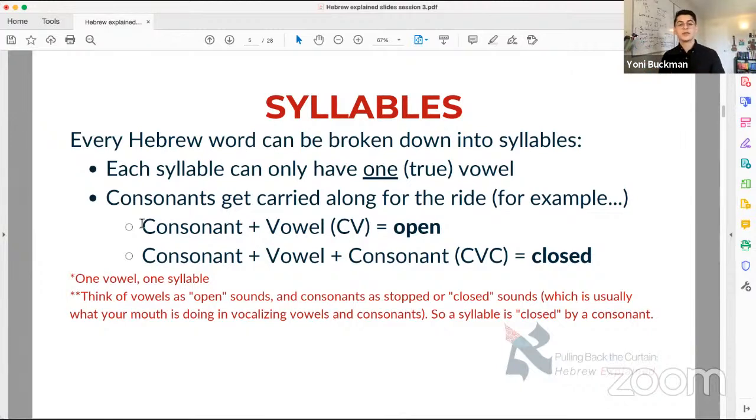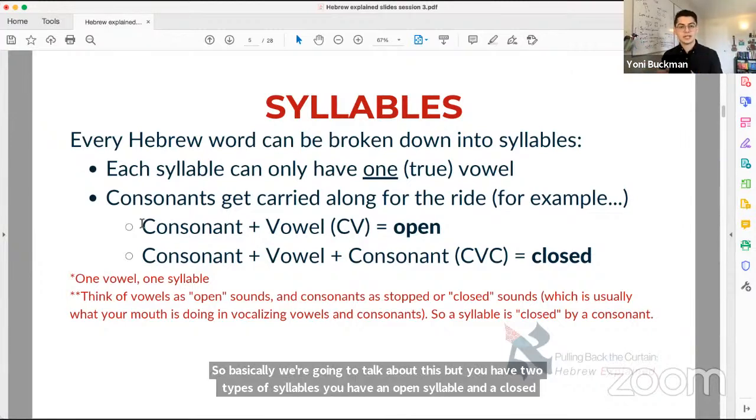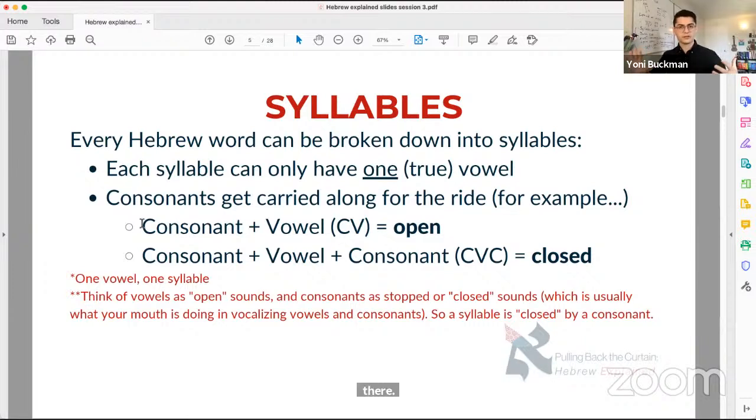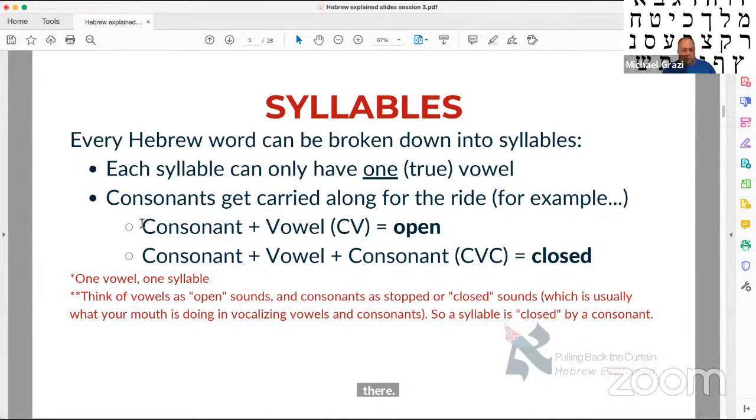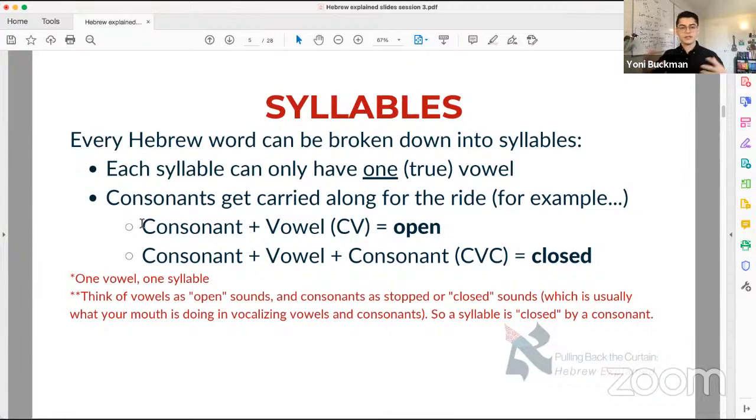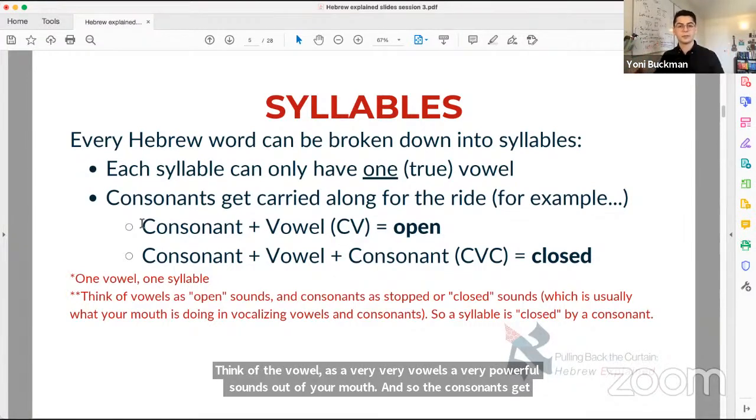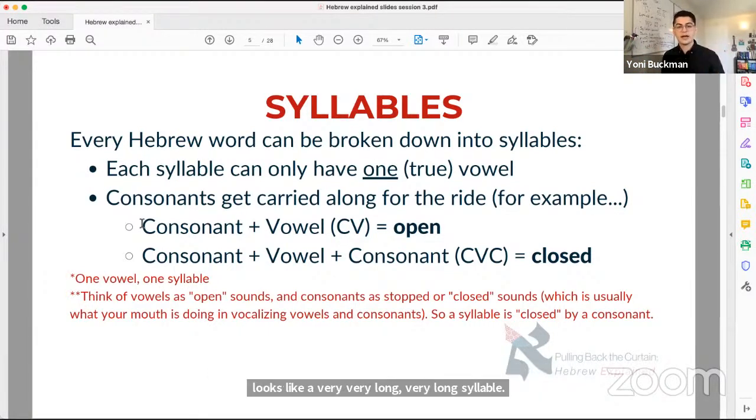So sometimes you have a string of consonants connected to one vowel, and it looks like a very, very long syllable, but that does happen. So you've got these open syllables. They end in a vowel because for a lot of these vowel sounds your mouth is pretty open, and sound is really powerfully being produced through your mouth. And with a consonant ending, it closes the syllable.